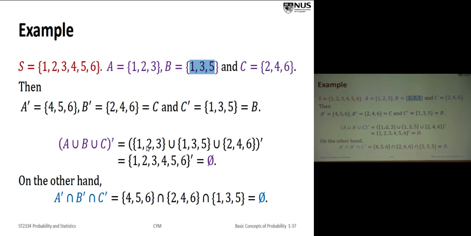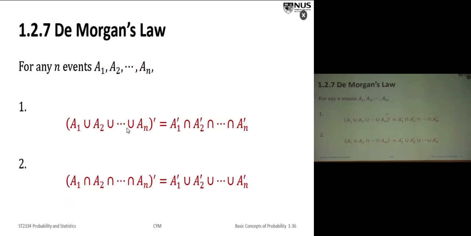First of all, that's 1, 2, 3, or 1, 3, 5, or 2, 4, 6. Well, the union of these 3 sets is 1, 2, 3, 4, 5, 6. So now if I take the complement, the complement of the sample space is the empty set. That says that the left-hand side of De Morgan's law in this example is precisely the empty set.